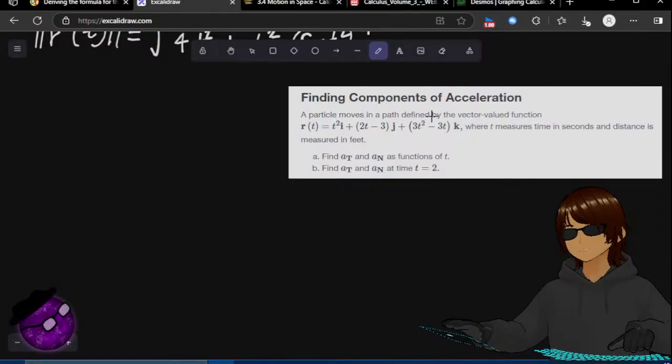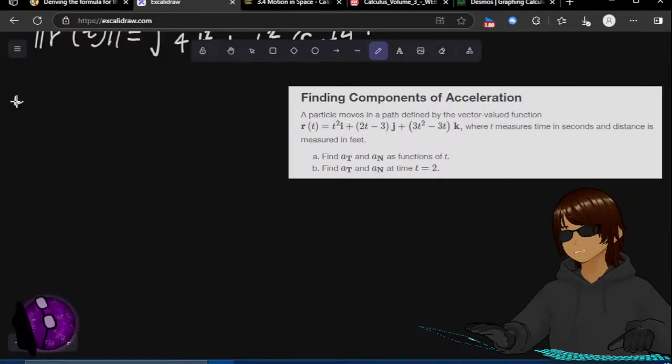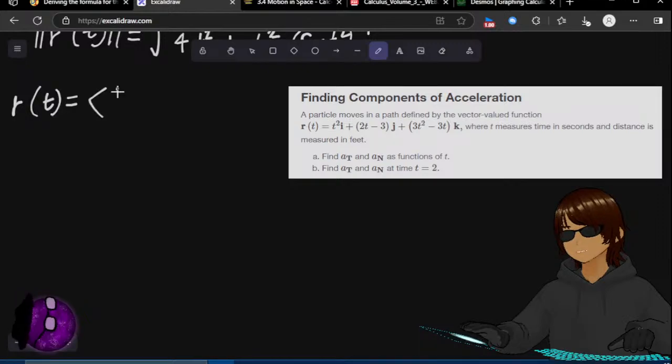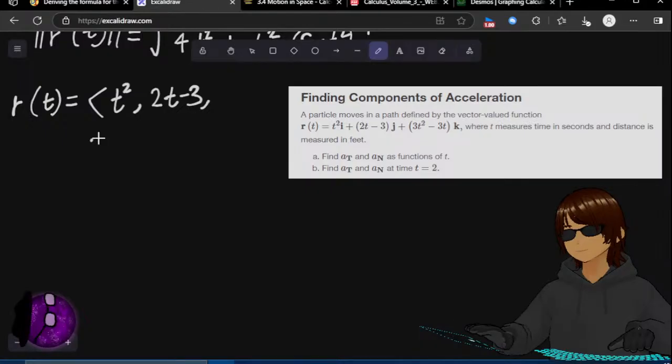So let's see what we have. r is t squared, 2t minus 3, 3t squared minus 3t.